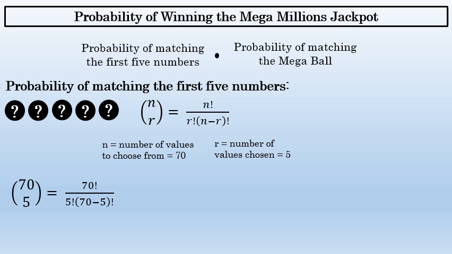Now, just as a little review of factorial, 5 factorial will be equal to 5 times 4 times 3 times 2 times 1. Anytime you're taking the factorial of a number, you're multiplying that number times every number lower than it.